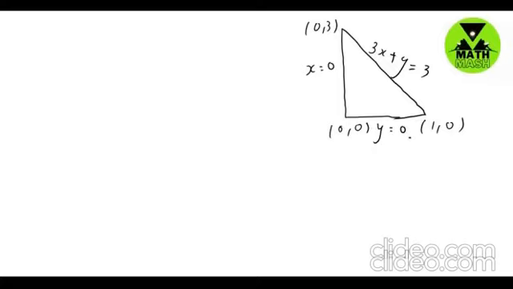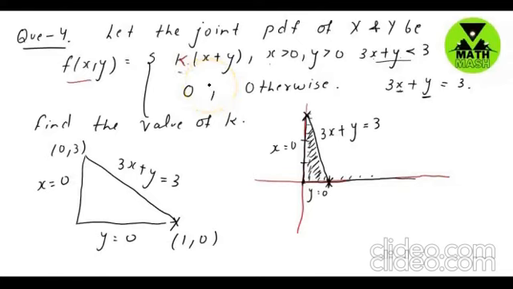For this, we have two ways: either we take the order of integration as dy dx or dx dy. Because this is a joint probability density function, we know that the integral over x values and the integral over y values of f(x,y), either dx dy or dy dx, must be equal to 1.